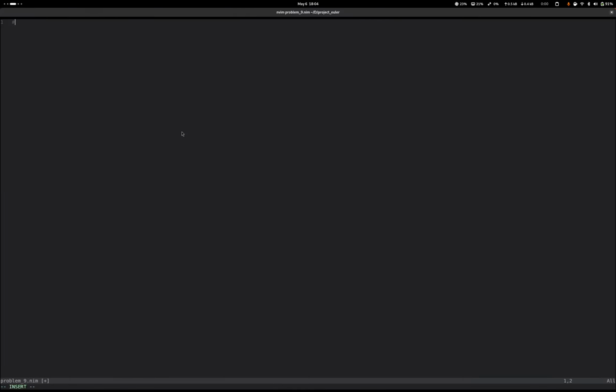So I'll just define a function that checks if the three numbers are Pythagorean.